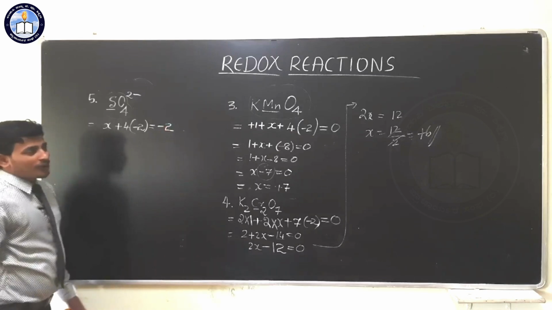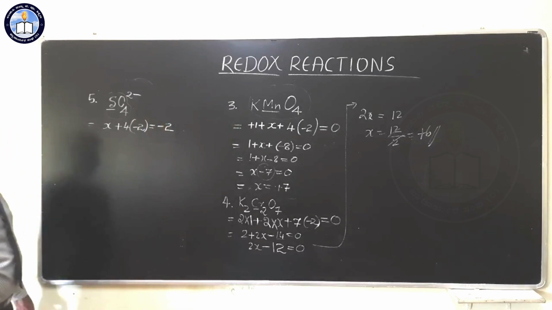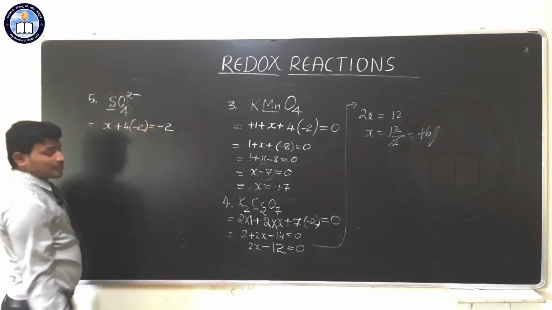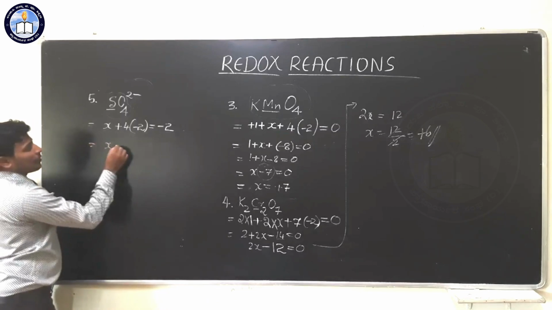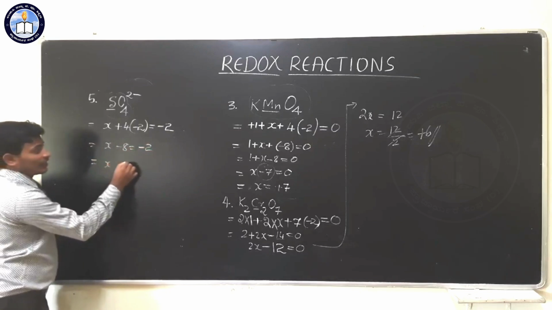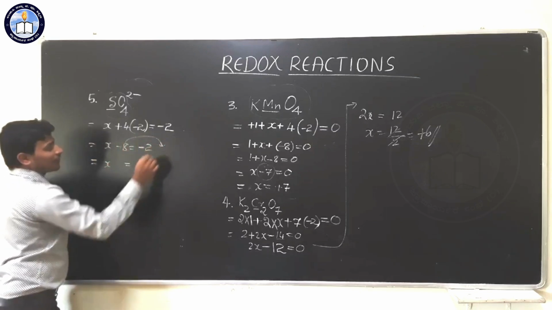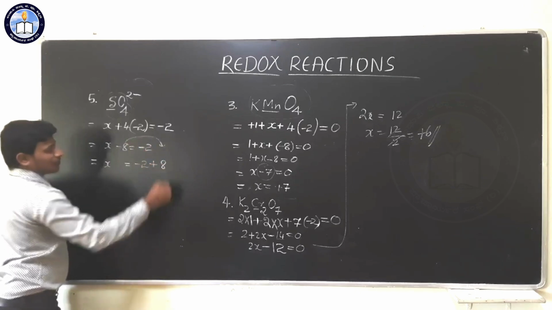This is the only small change when you compare a neutral molecule and a charged species. If it is plus, you have to put plus, that's all. Hence x minus 8 equal to minus 2, and x equal to, minus 2 goes to the other side, minus becomes plus, so that is equal to 8 minus 2, which is plus 6.